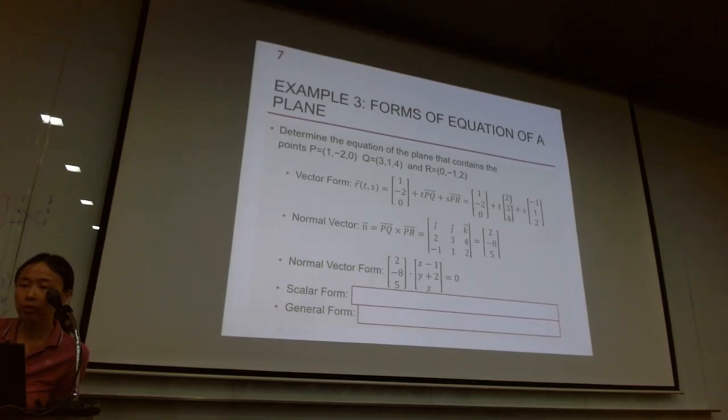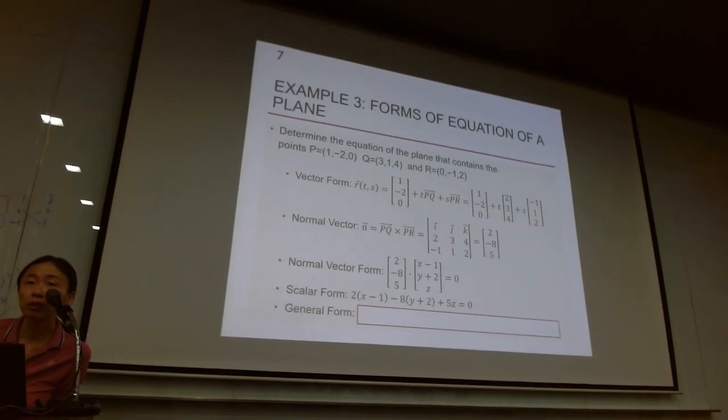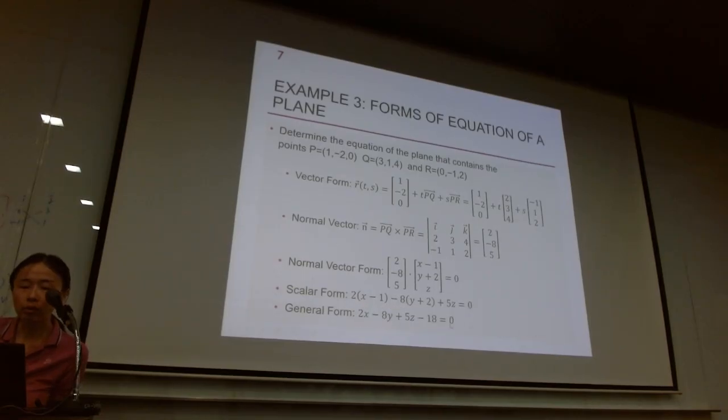Based on this, you can write the parametric form: x equal to 1 plus 2t, and so on. But the scalar form is expanded here, the dot product worked out, then organized again to be the general form.